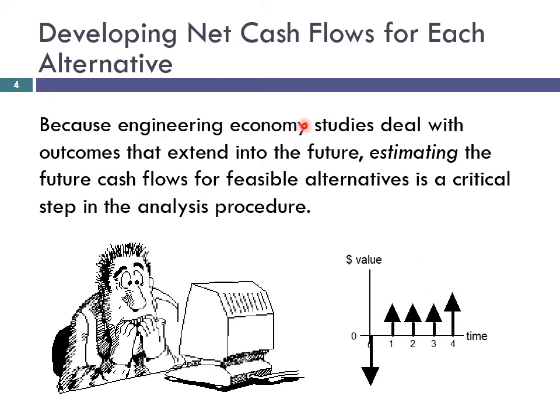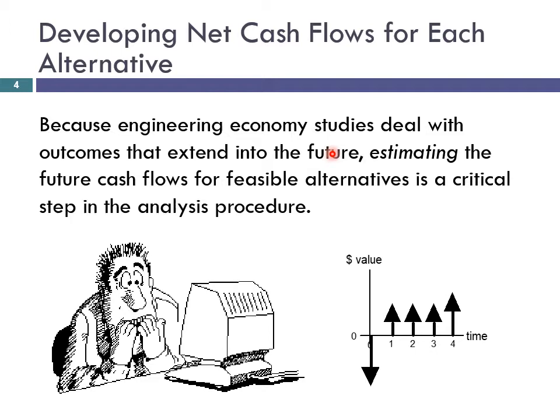So engineering economy deals with outcomes that are in the future. But the future is full of uncertainties, and you may not know what will happen exactly. So how can you make a decision without knowing what will happen?